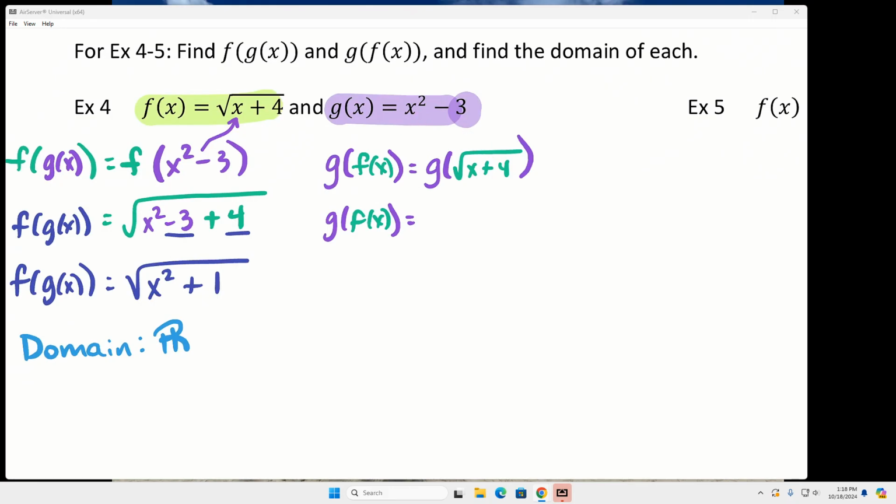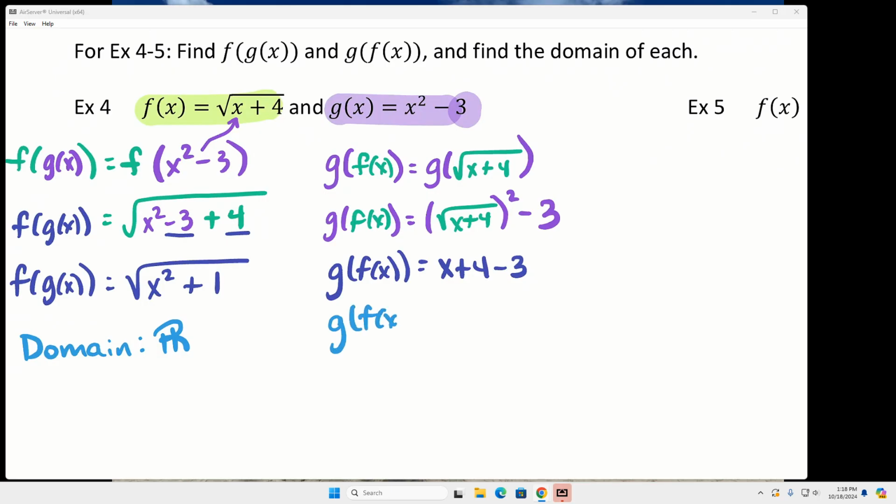So that means we're going to square it. And then we're going to subtract 3 from it, because that's what g does. It squares things and then subtracts 3 from it. Alright, so when you square that square root, what happens? Exactly, the square root goes away. So g of f of x is just going to be x plus 1.